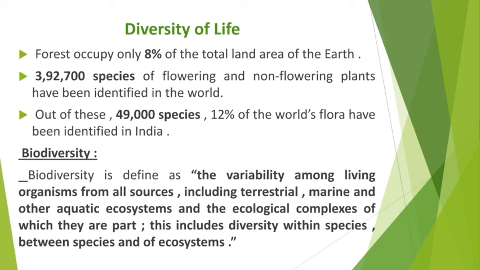Clear? So it is said that the differences among the living organisms found on land, in the sea, in rivers and ponds, and the ecological complex of which they are part. The organism is a part of that ecological system. And this includes diversity within species. The organisms living on land are different from the organisms living in the sea or in a river.